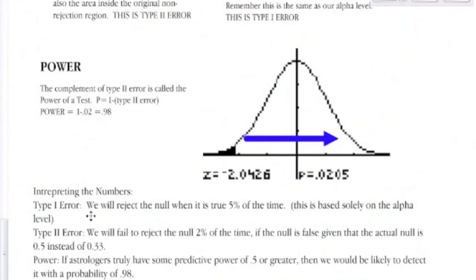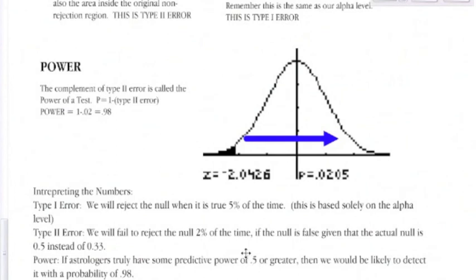If astrologers truly have some predictive power, in this case they suggested it was 0.5 or greater, then we're going to be able to detect that mean or more 98% of the time. That's our ability: if I reject the null, I'm going to make a correct decision 98% of the time if I have an alternate mean of 0.5 or more.